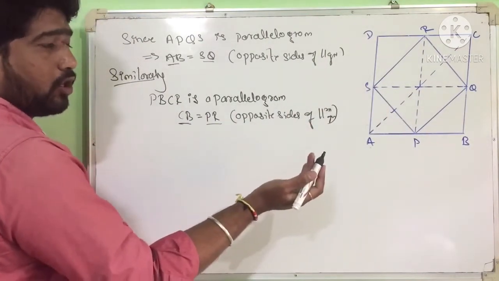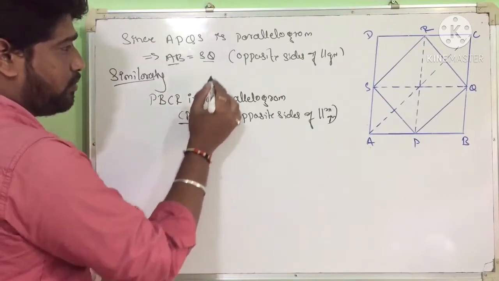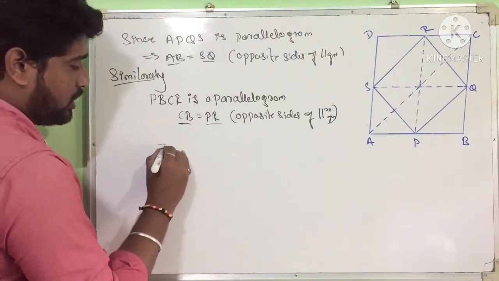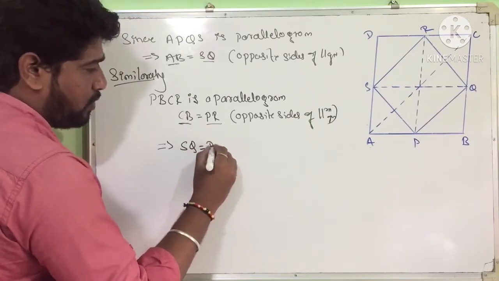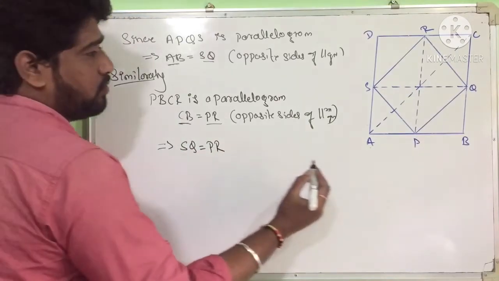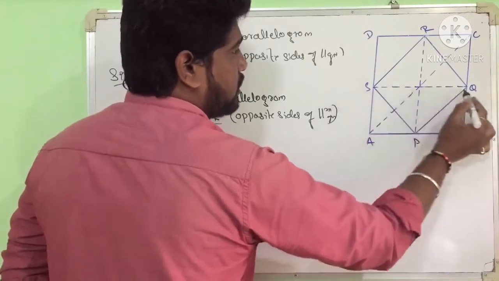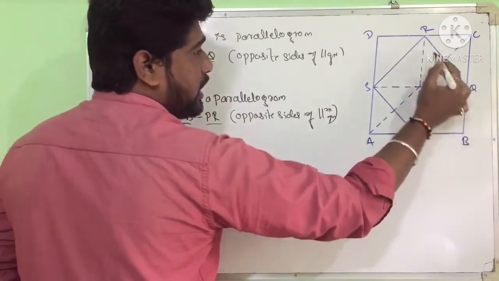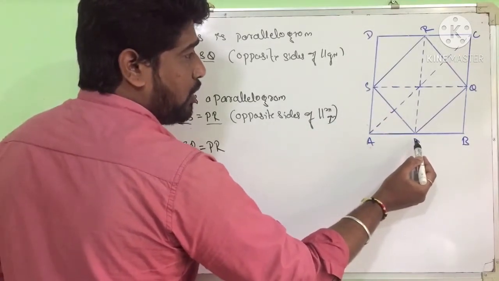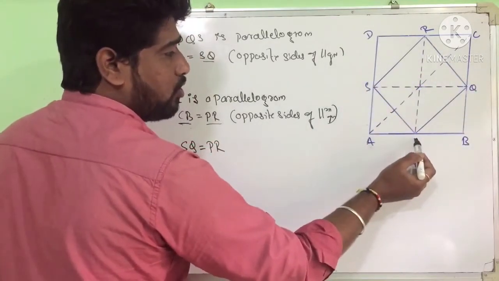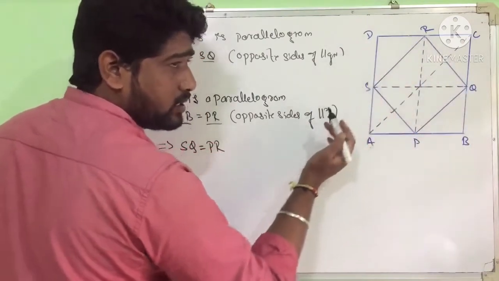All sides are equal in a rhombus. So LHS are equal means RHS are equal. So this implies SQ is equal to PR. See here, SQ is equal to PR. So this SQ and PR are the diagonals of parallelogram PQRS.